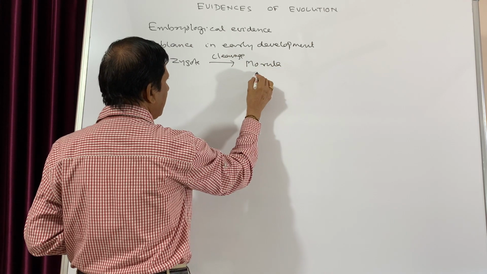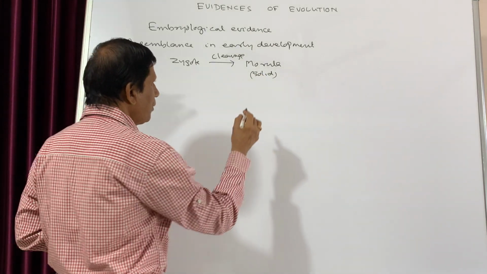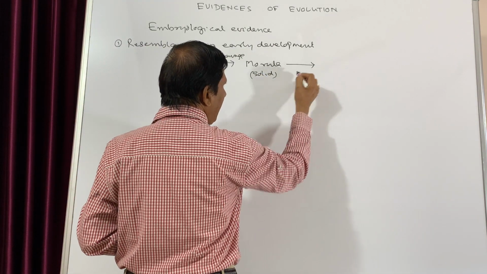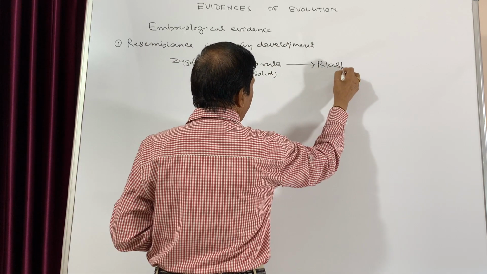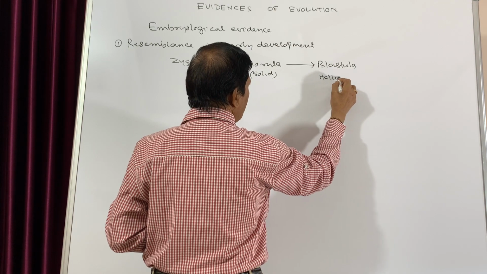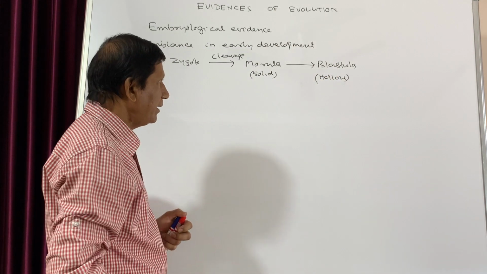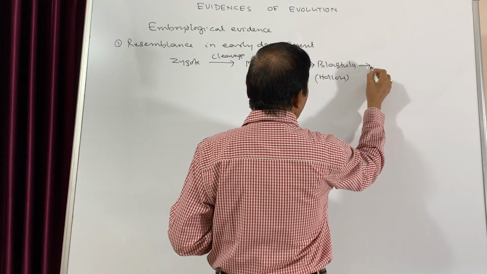The morula is a completely solid structure. Now this morula again divides and gives rise to the blastula, which is a hollow structure. Then the blastula again divides and gives rise to the gastrula.